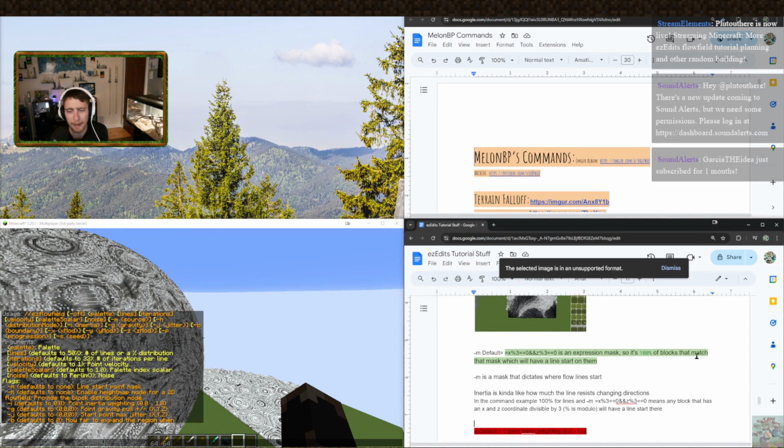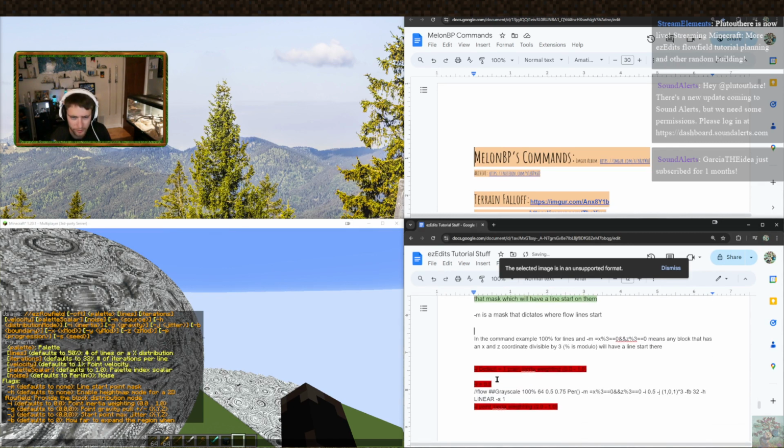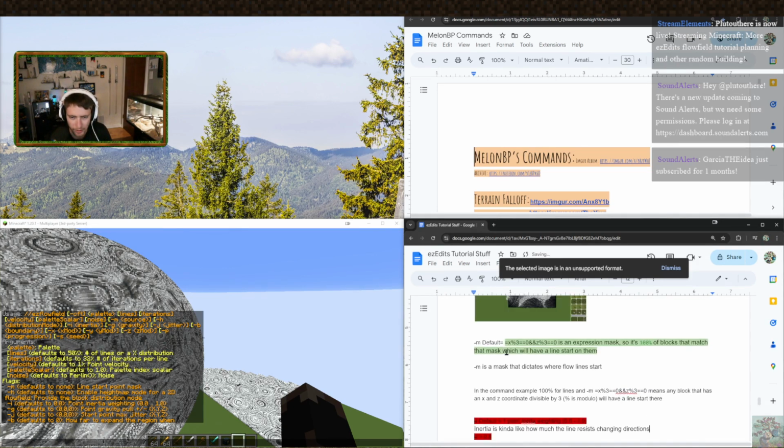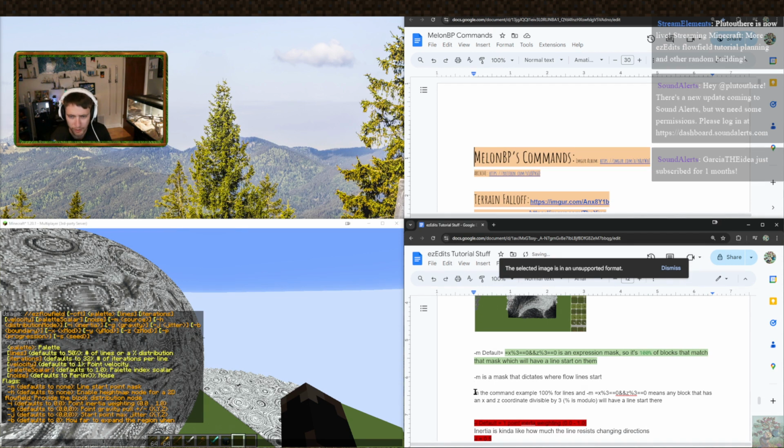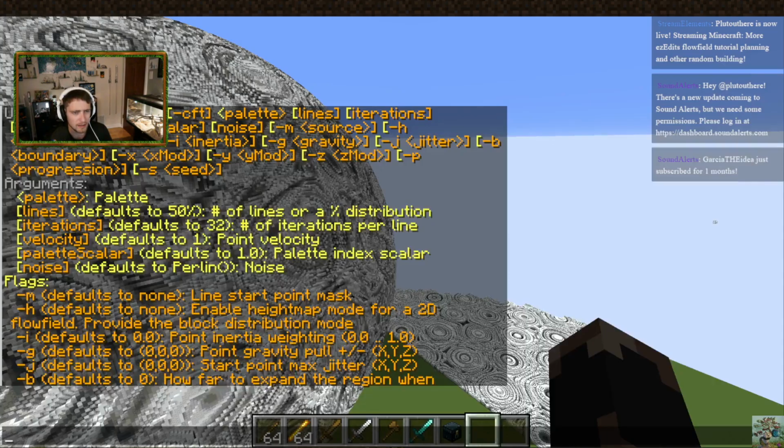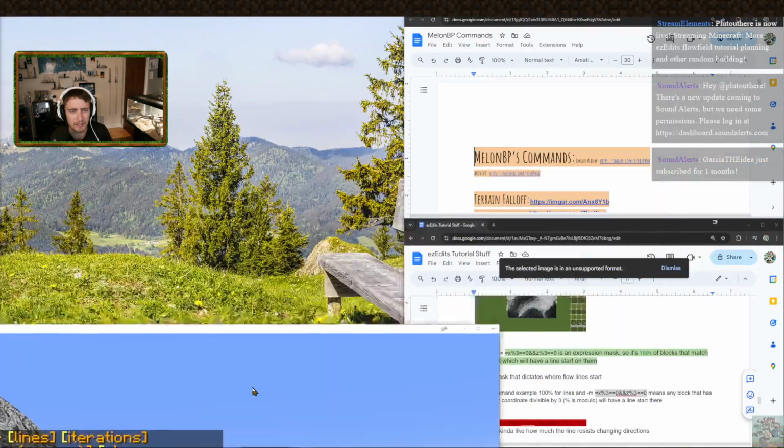And that mask specifically in this case is, inertia needs to go down here. That's this part. Okay. Because that's confusing me. So yeah, in this case, the mask is this equation right here. And we just said it means that the x and z coordinate divisible by 3. And if we change that, even with the same seed and all that stuff.